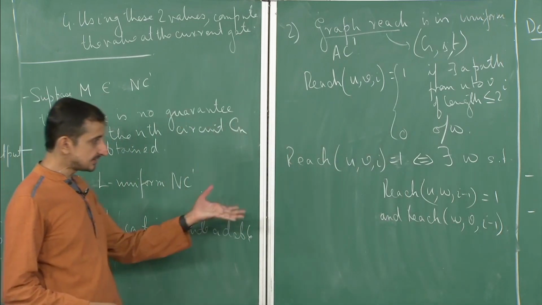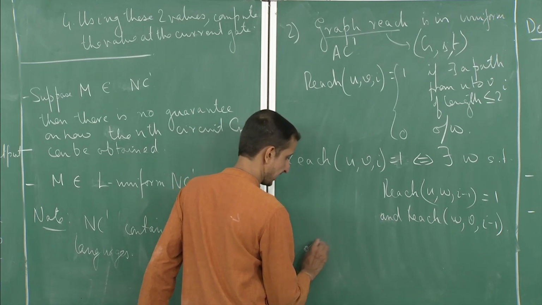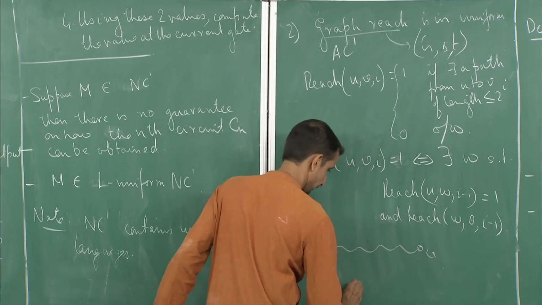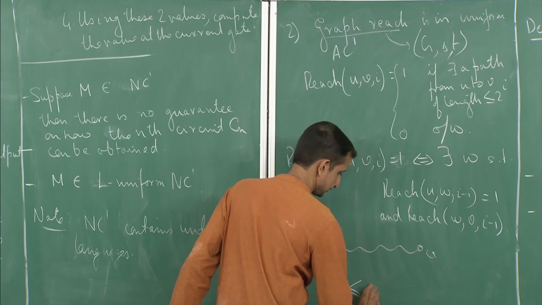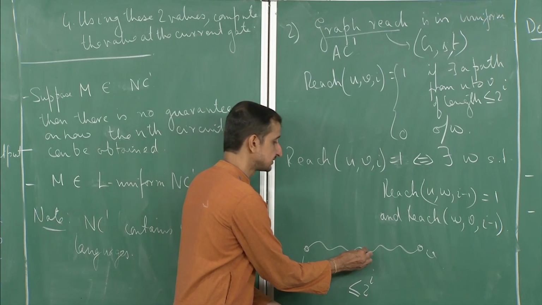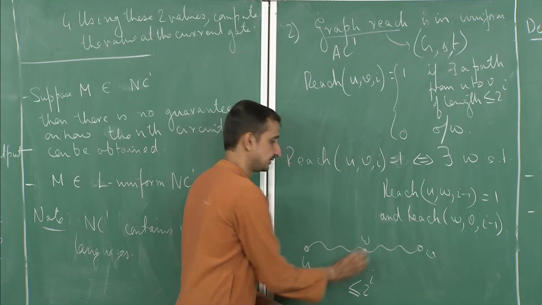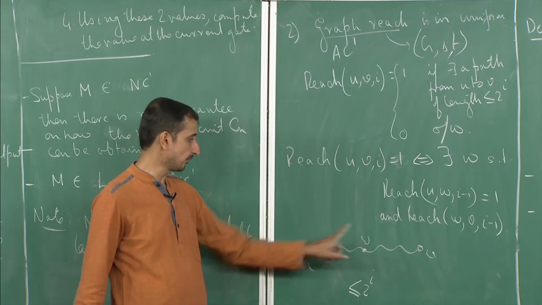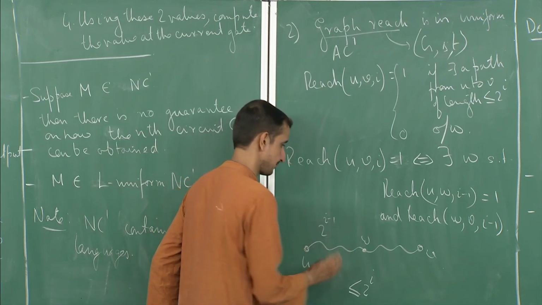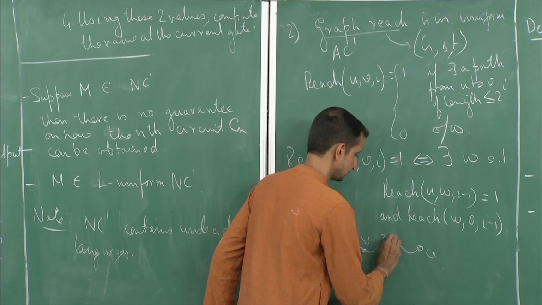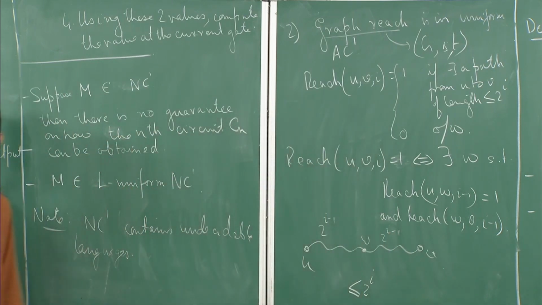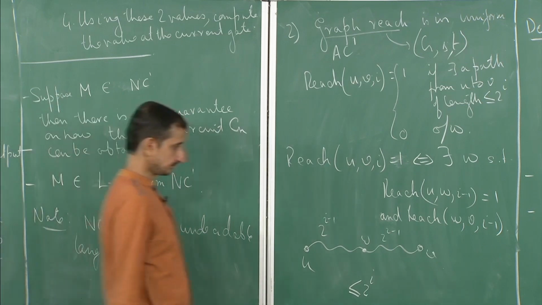Because essentially what this is saying is that if I have a path from U to V of length at most 2 to the power I, then there is some middle point W in this path. And what property does the middle point have? That this part has length at most 2 to the power I minus 1 and the other part is also at most 2 to the power I minus 1, right.